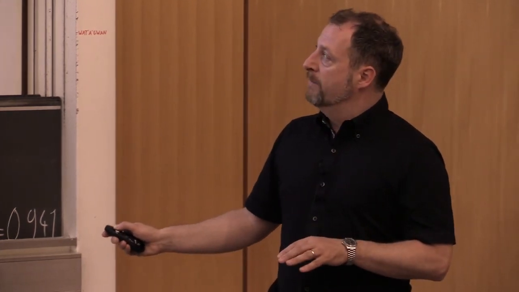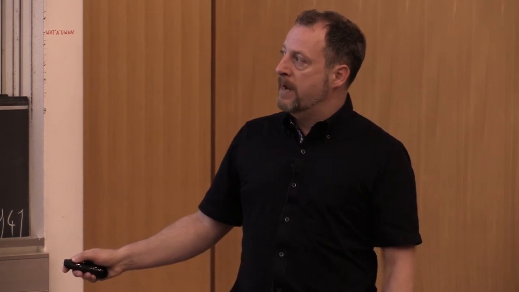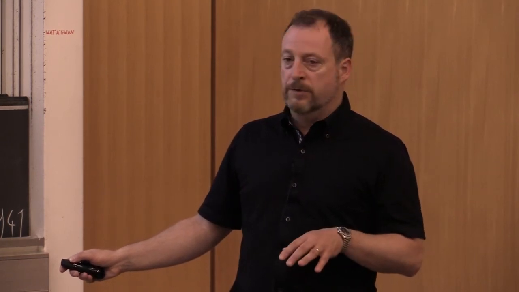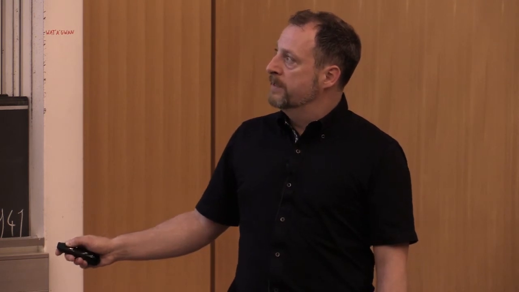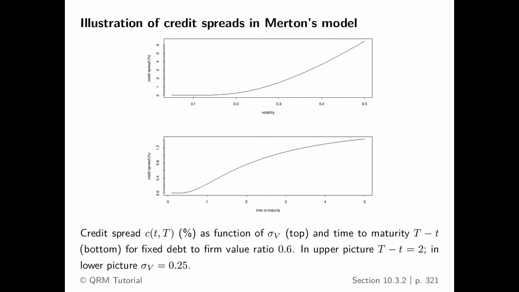It depends on sigma_V, that's a key parameter, and it depends on a simple ratio, B discounted: we discount the nominal debt and divide by the total value of the assets. This is a kind of measure of leverage or indebtedness, and so this makes sense. If sigma_V increases, the spread increases, more compensation. And if this indebtedness or leverage increases, the spread increases. So more compensation is required.